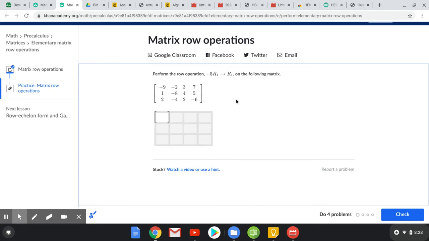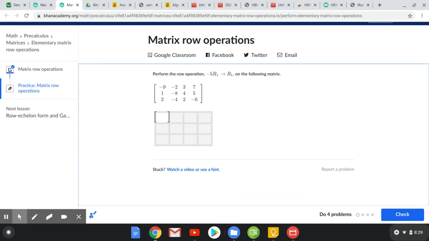So there are three things we're allowed to do to matrices that won't actually change the systems of equations it's based on. Basically, row operations are designed to help us solve systems of equations.